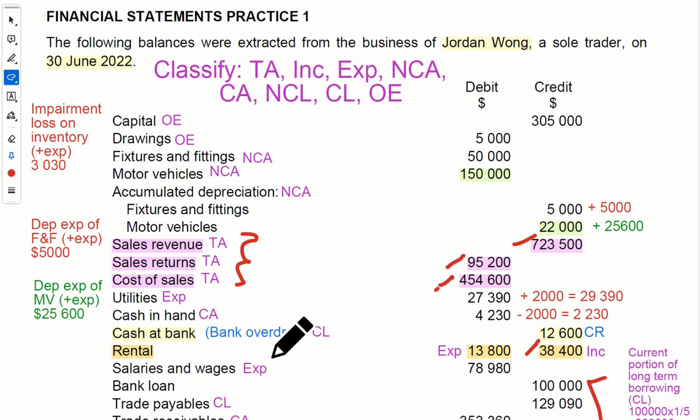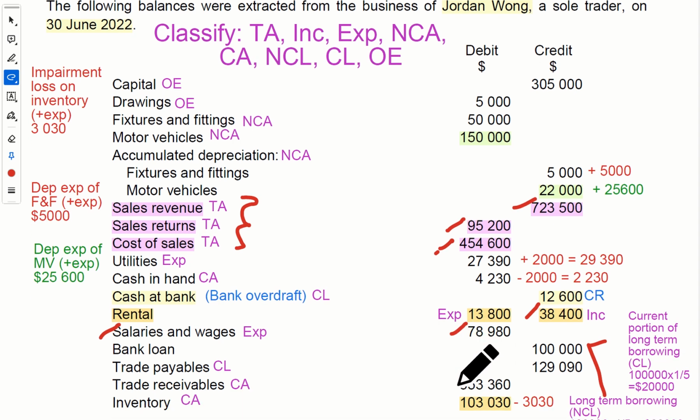So let's see what expenses we have. Running through the list, I have salaries and wages expense over here. I cannot forget that. I think I have a utility somewhere. Yes, utilities expense over here. I have utilities expense, I have salaries and wages expense.